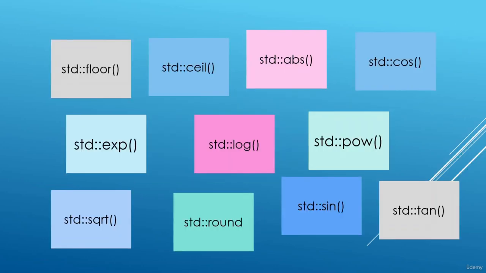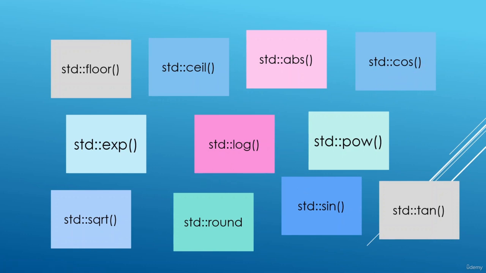What you see here is a simple summary of some of the things you can use in these math functions. You can use std::floor to round down or std::ceil to round up. You can use the abs function to compute the absolute value of a number. You can do trigonometry, you can do the cosine, sine, and things like that.